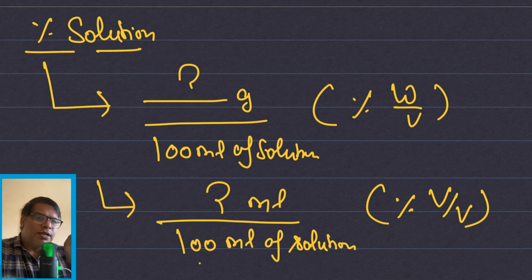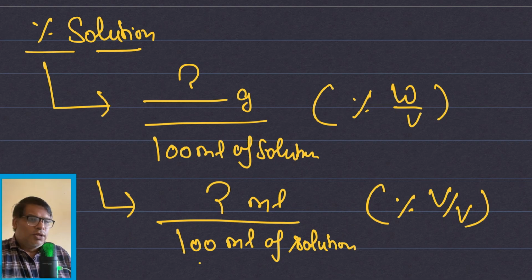So in the case of percent weight by volume solution, you dissolve x gram of the solute and finally make up the volume to 100 ml. In the case of percent volume by volume, you take x ml of the liquid solute and raise the volume to 100 ml, so the total volume of the solution is 100 ml.